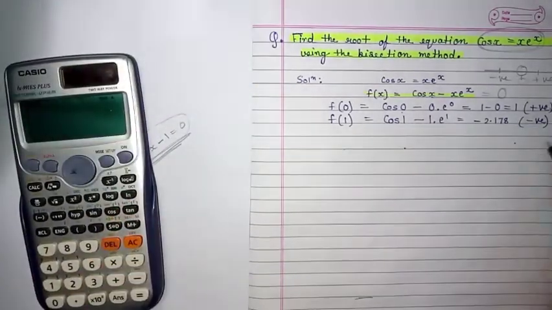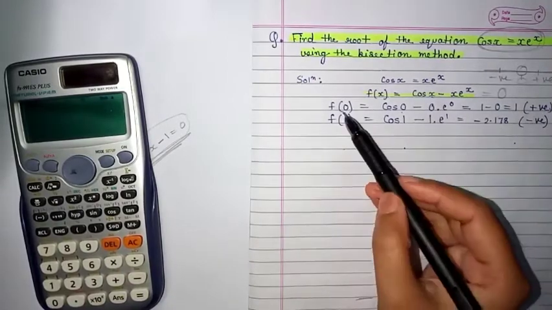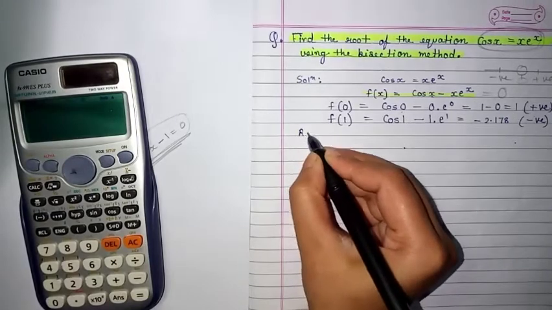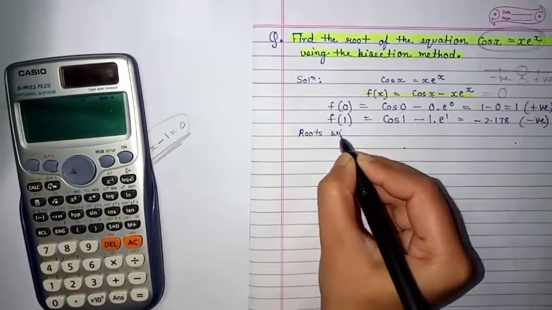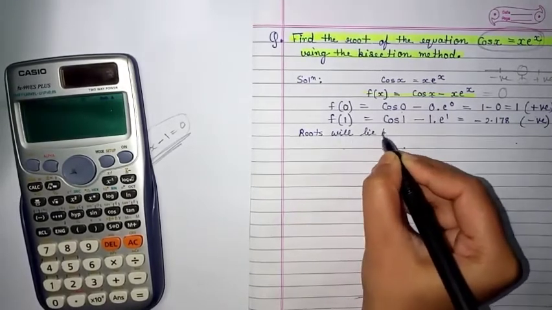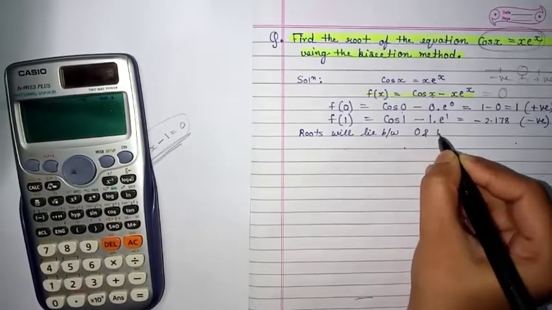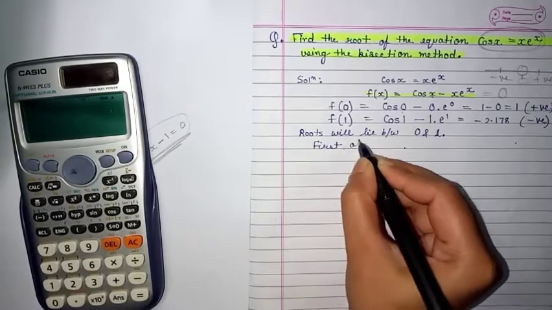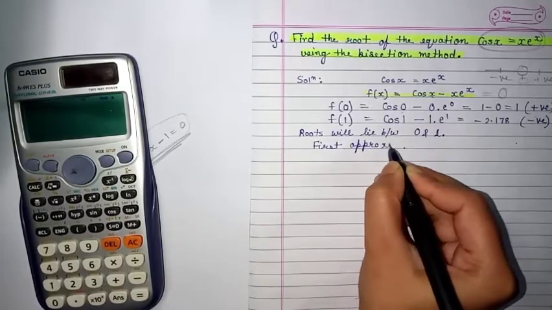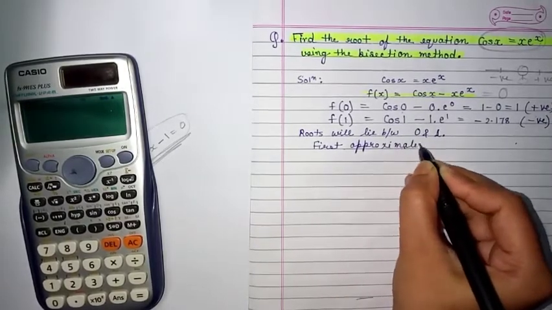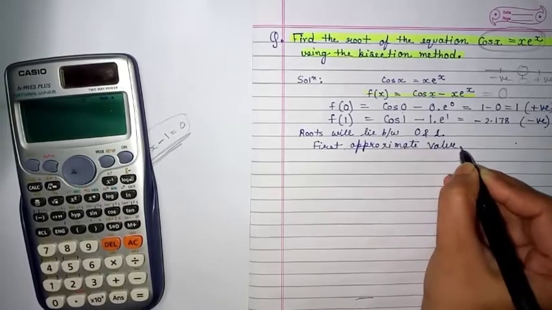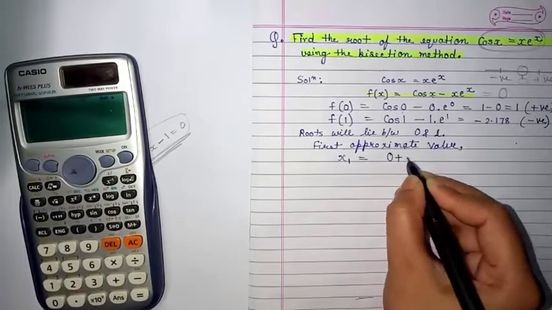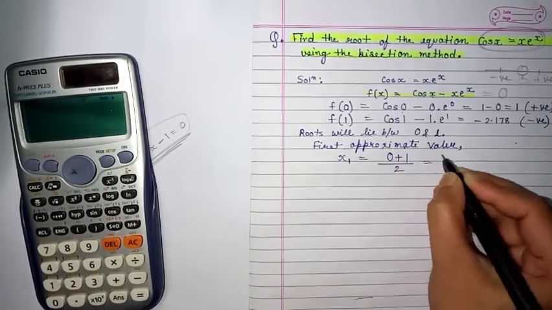Now one value is positive and one value is negative, so my root will lie between 0 and 1. For the first approximate value, x1 equal to (0 plus 1) by 2, which means 0.5.